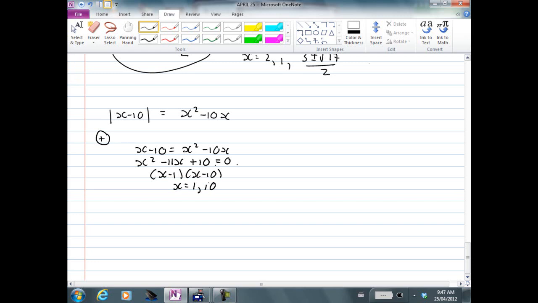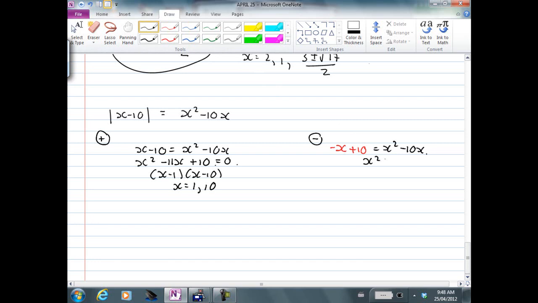Exact same concept. Okay, case 2. We know this is going to be negative now. Negative x plus 10 equals to x squared minus 10x. Guys, do the exact same thing and solve.